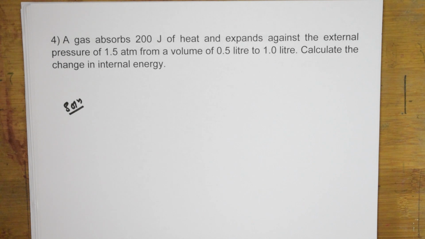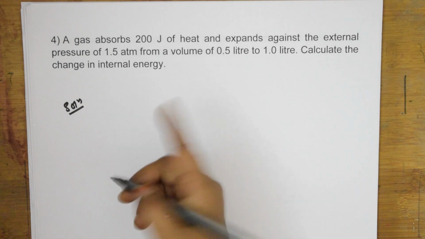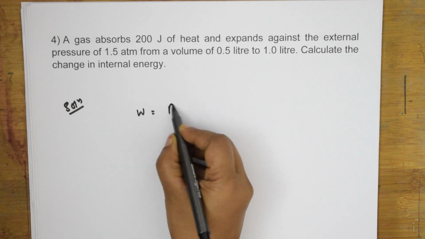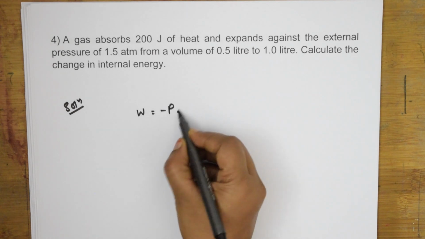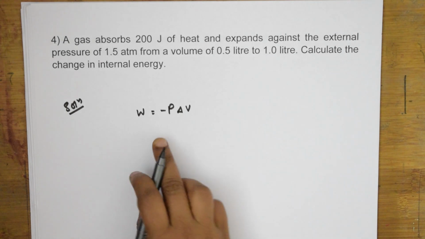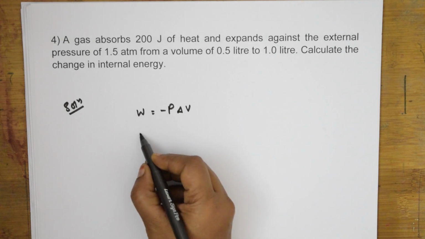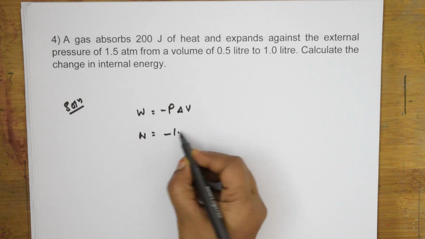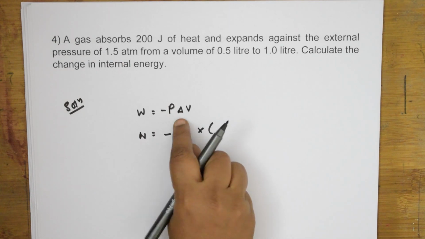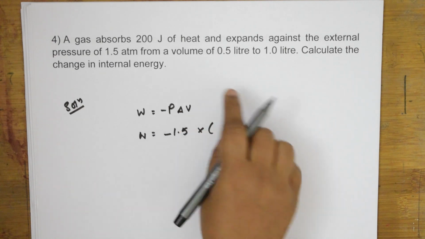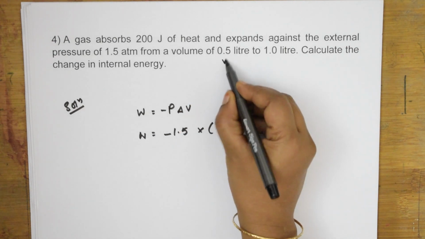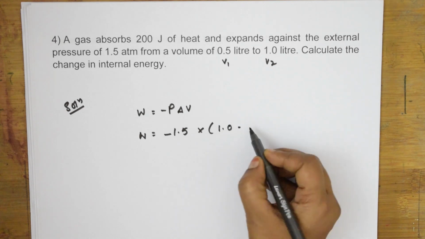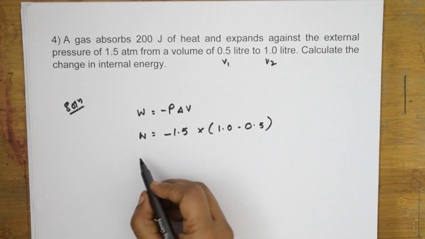Here, there is a change in volume. What formula will we apply? W is equal to minus P delta V. The pressure is 1.5, so W is equal to minus 1.5 into delta V. This is your V1 and this is your V2, so it is from 0.5 to 1.